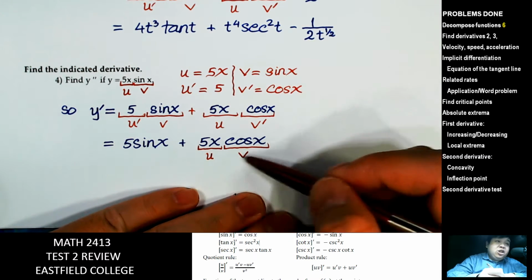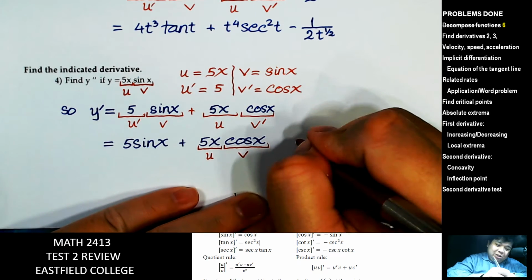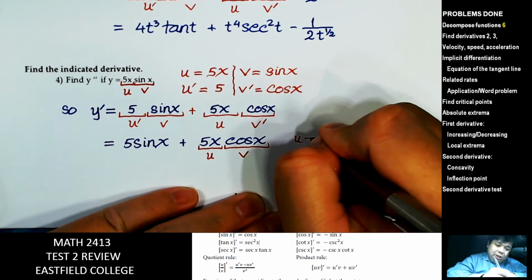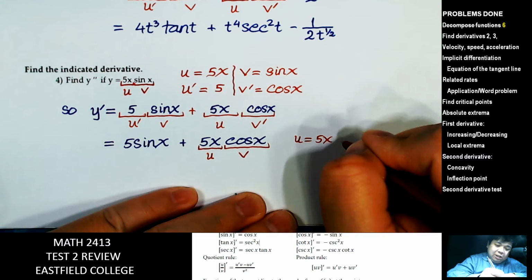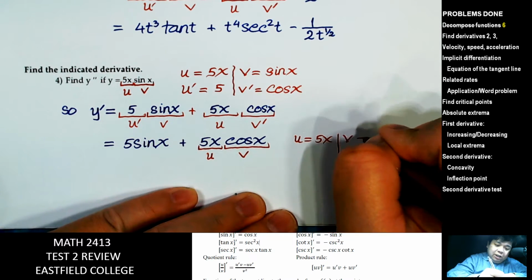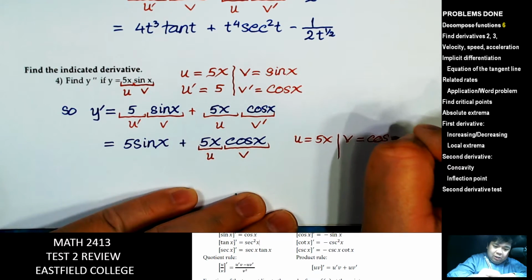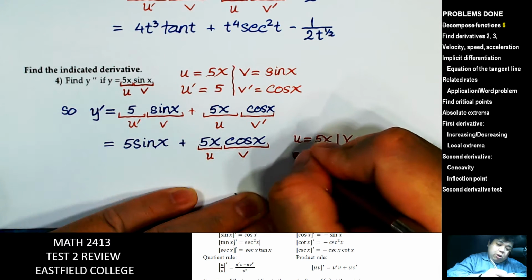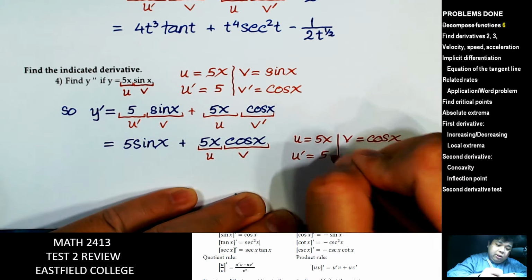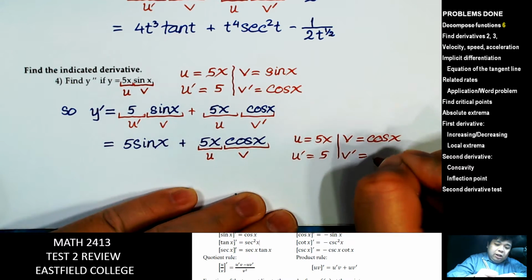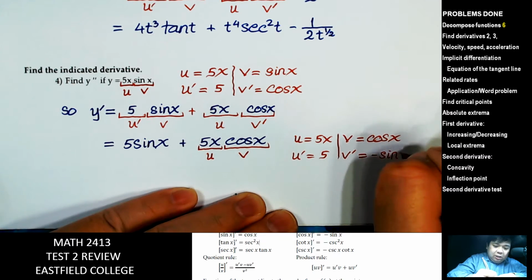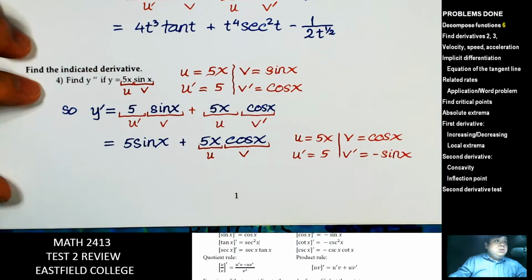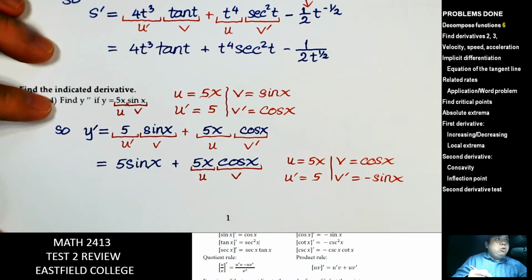Yeah, so this u, v are a little bit different than that. So u is 5x, v is cosine x. So u prime 5, v prime negative sine x. Right, so that is another product rule.